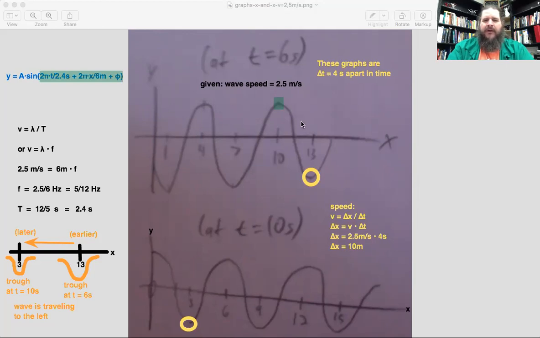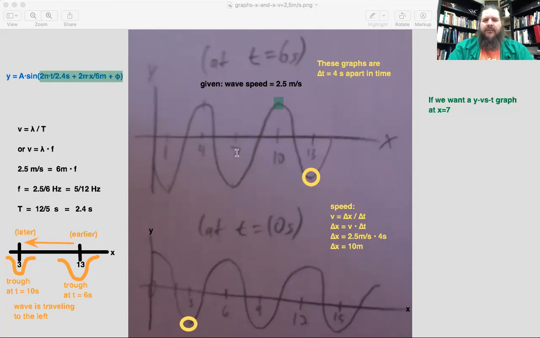Like for instance, if we wanted to make a y versus t graph at, let's say, x equals 7, what's the one piece of information we know about x equals 7? It's a trough.